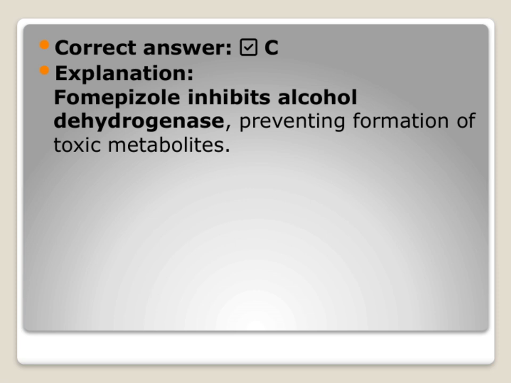Understanding this mechanism is key in managing poisoning cases effectively, as it underscores the importance of timely administration to prevent further damage. So, remember, fomepizole's main role is to inhibit the enzyme, thereby preventing the formation of those dangerous metabolites that can lead to severe toxicity.